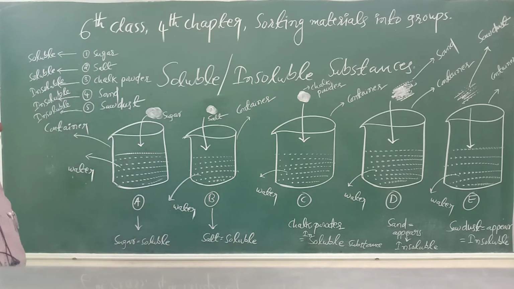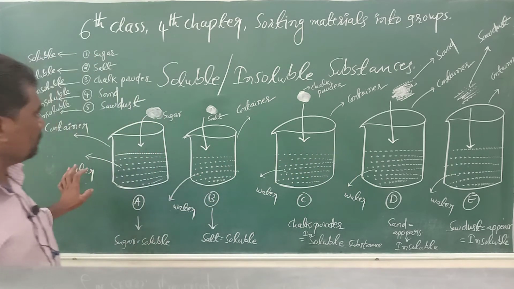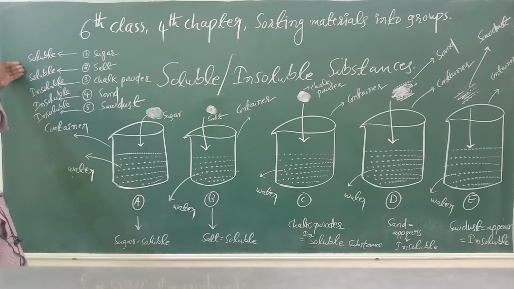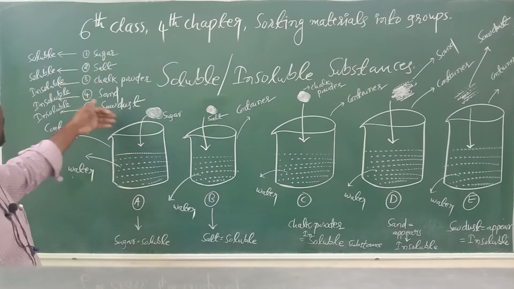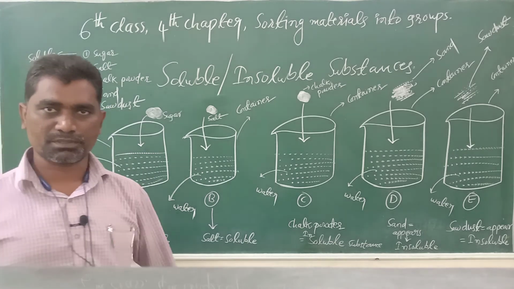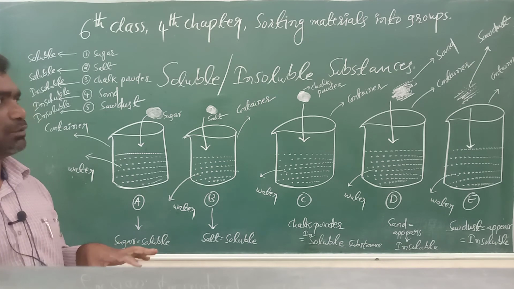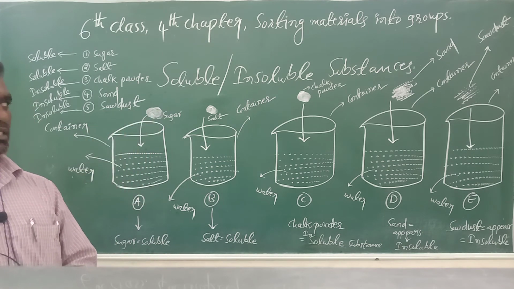So here sugar and salt are soluble substances. Chalk powder, sand and sawdust are insoluble substances. So like this we can separate the substances and materials into soluble and insoluble substances.